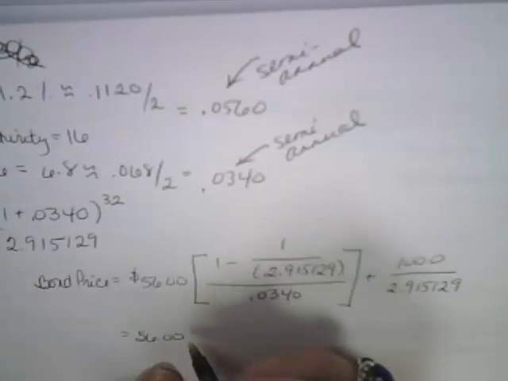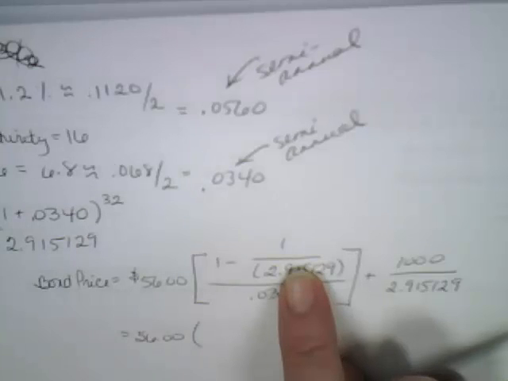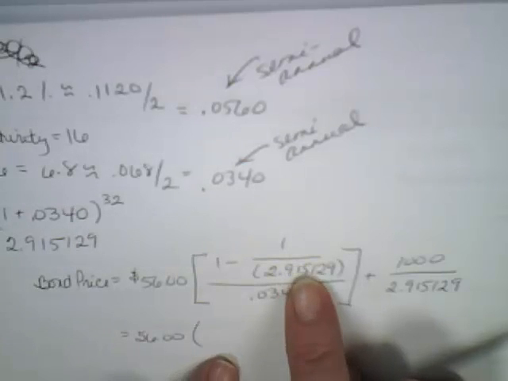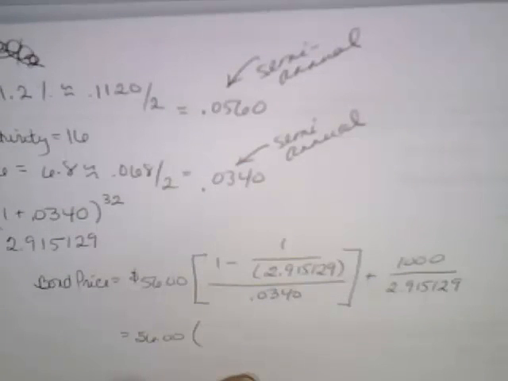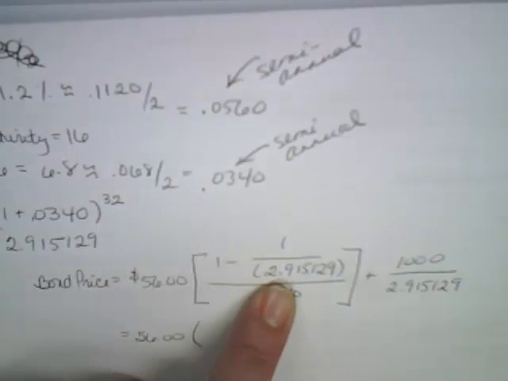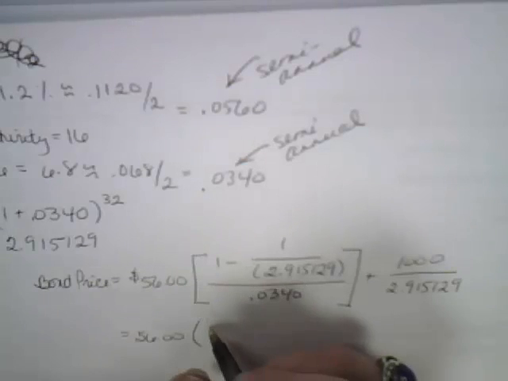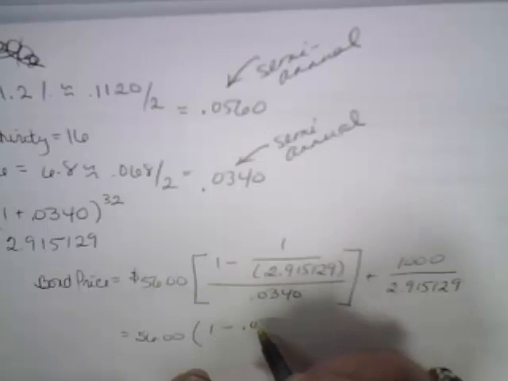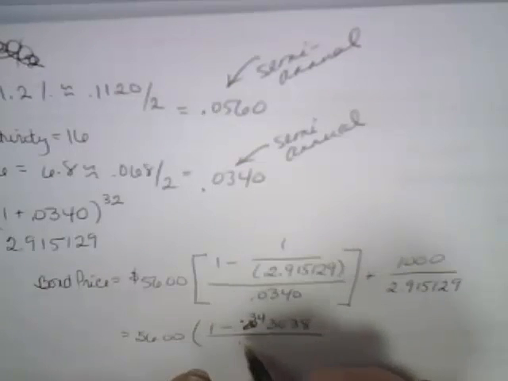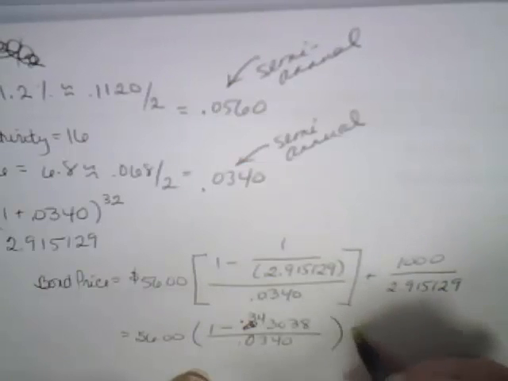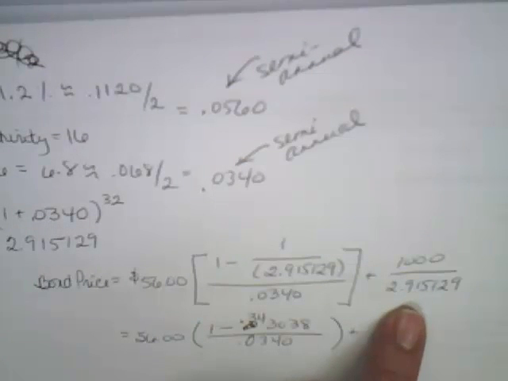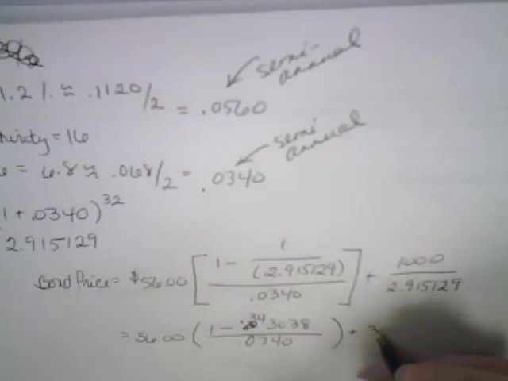All right, so now we're going to go through, I'm going to take this all the way. Okay, we're not going to do this in steps. So the first thing we're going to do is take 1 divided by 2.915129, which is going to give us 0.343038. Then 1 minus 0.343038, divided by 0.0340, plus we're going to go ahead and calculate the 1,000 divided by 2.915129, which is 343.038.